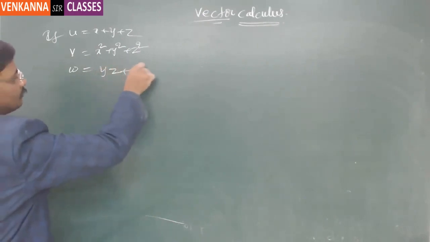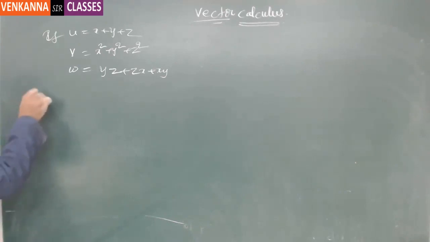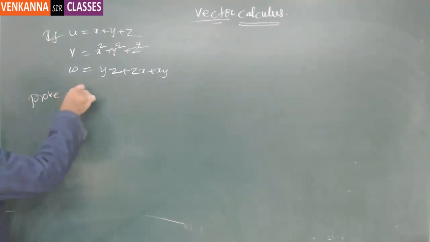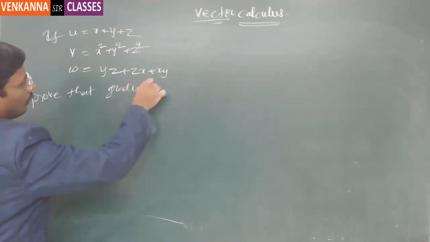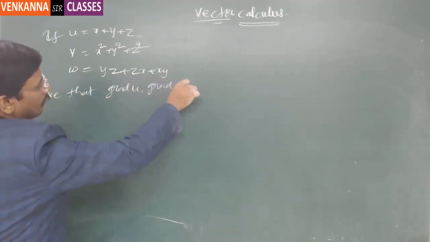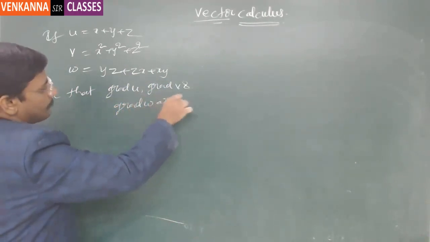So these are three different functions. Then prove that grad u, grad v and grad w are coplanar.